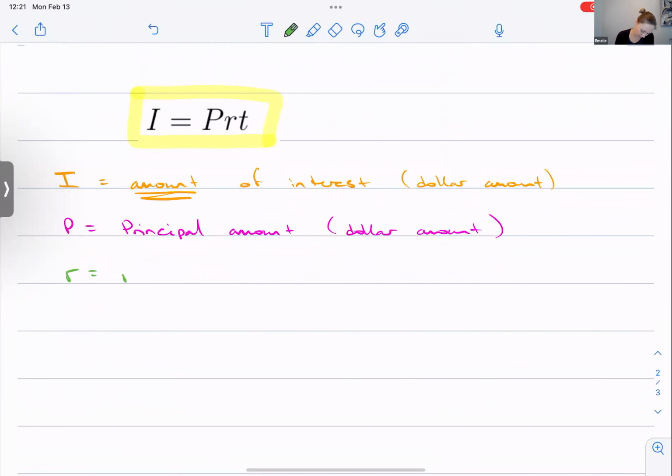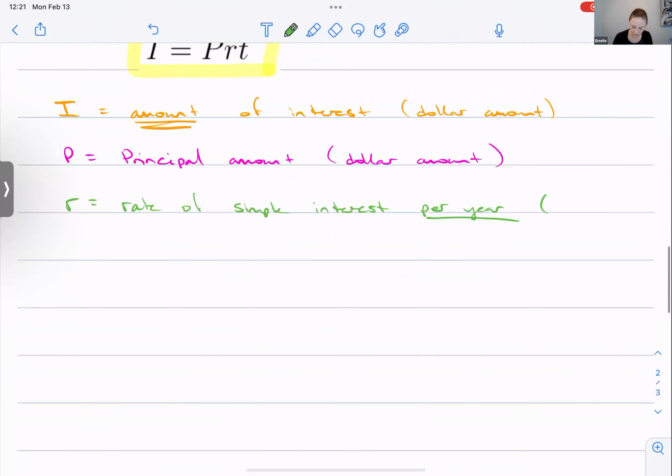R is the rate of simple interest per year. Okay. You have to use the proportion, right? So you can't use the percentage. Usually we communicate in percentages, right? It's 4% per year, for example, right? But you have to work with the decimal version, okay?